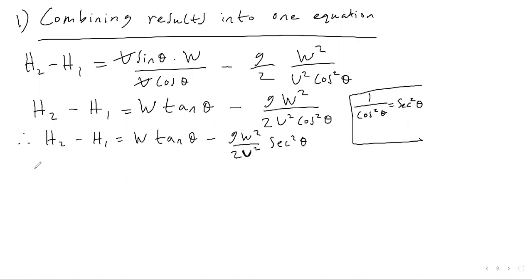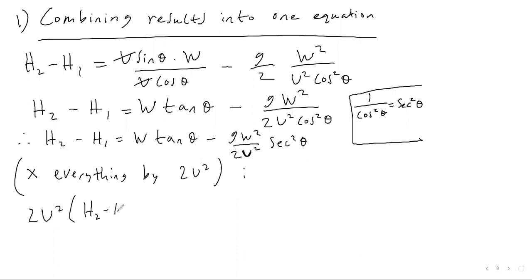I'm going to times everything, let's put this in brackets here, by 2u squared, so we don't have to deal with any of these fractions. So on the left-hand side we get 2u squared times by h2 take away h1, and that's going to be equal to 2u squared w tan theta take away g w squared sec squared theta.